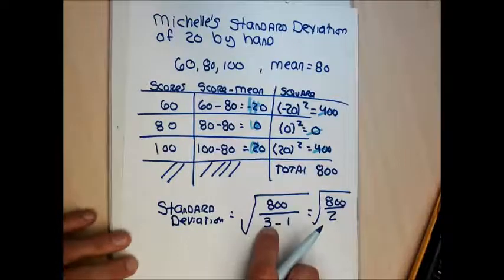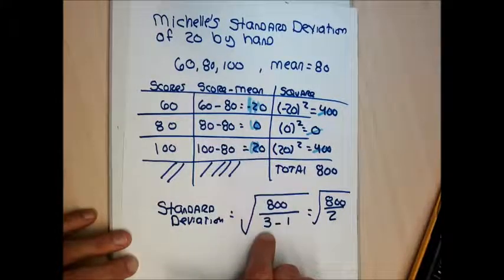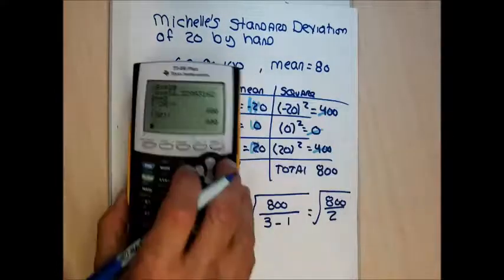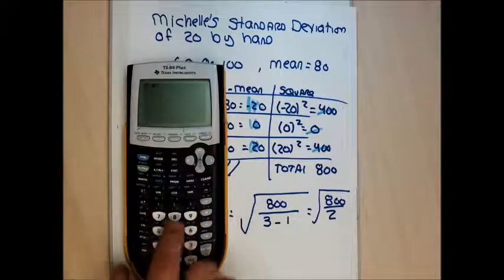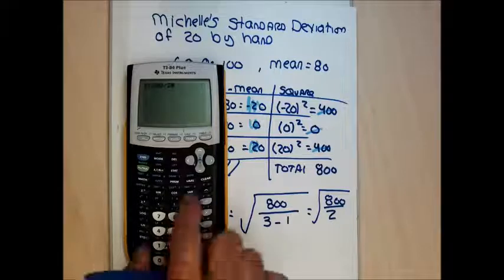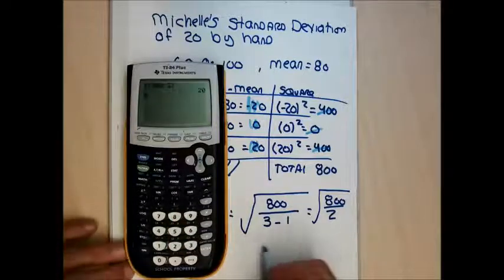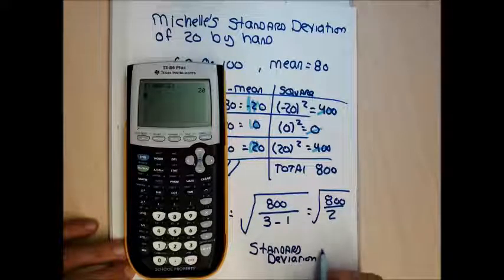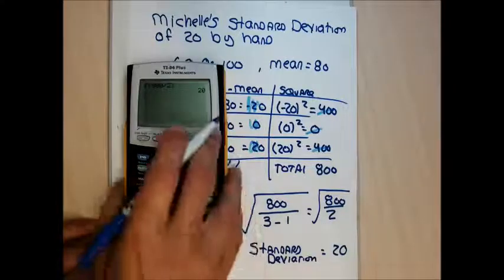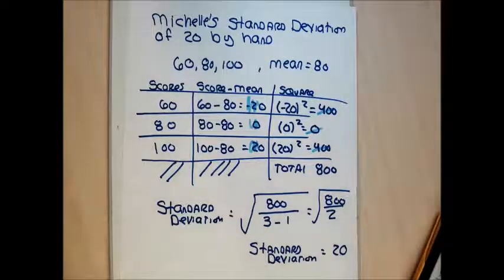It's the number of data points minus 1. The 3 here is the number of data points. And let me just do this real quickly on my calculator. I'm going to go second square root of 800 divided by 2, and I get standard deviation equals 20. So it's a tedious computation, but it's not ridiculous.